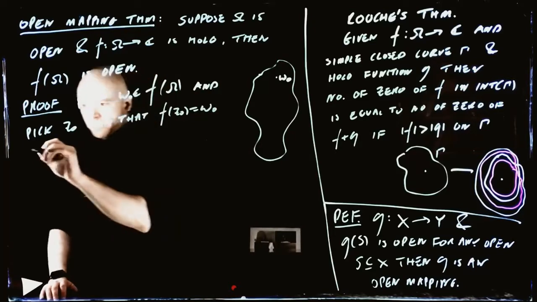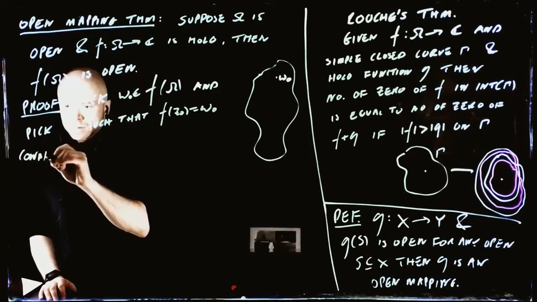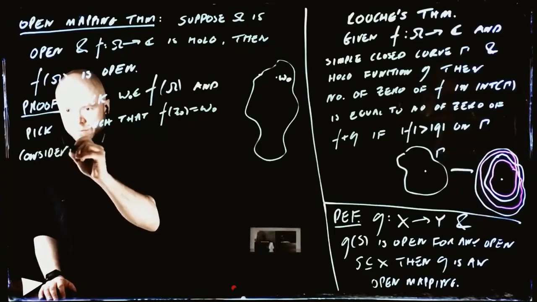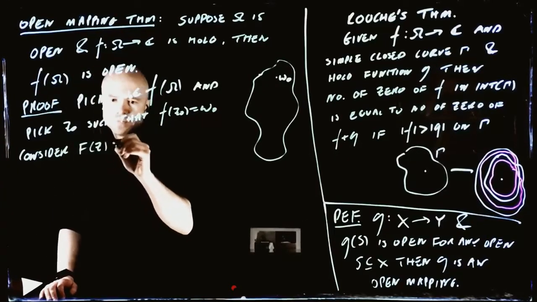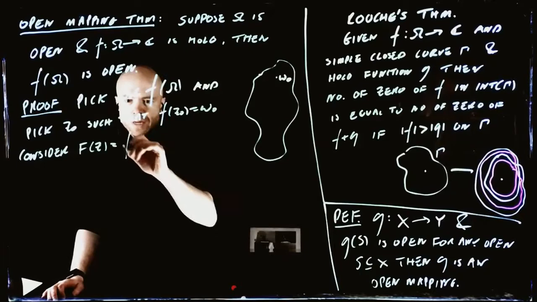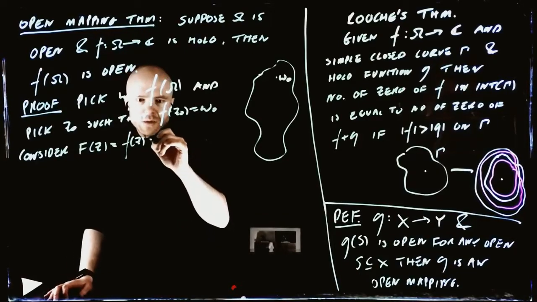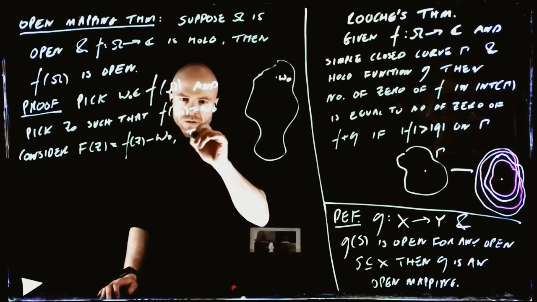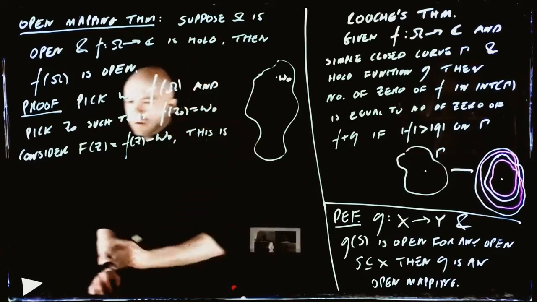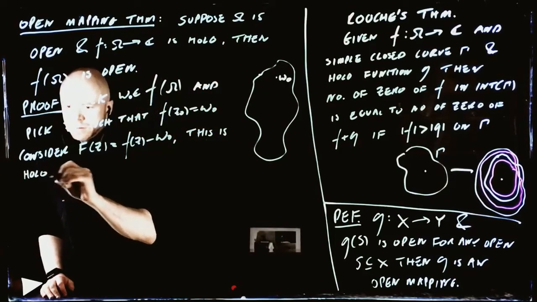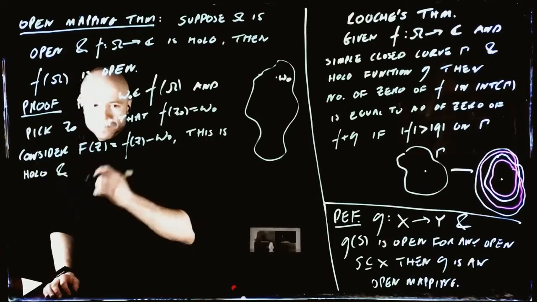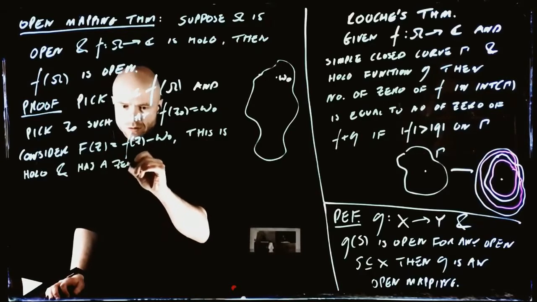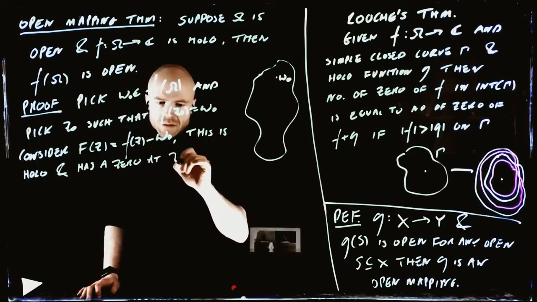So consider this map, capital F of z, which will be equal to f of z minus w0. This is a nicely holomorphic mapping, right? And has a 0 at z0.